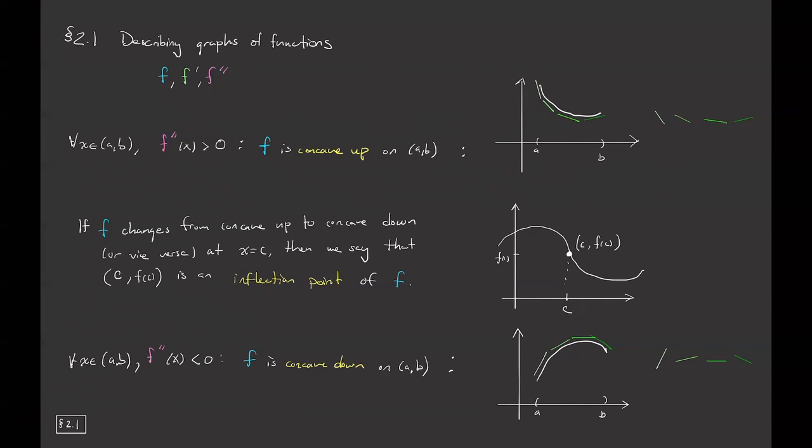On the bottom, flipping a lot of this again, if f double prime is less than 0, if it's negative, then we say that f is concave down. Now run the exact argument we just looked at up here. You don't have to start with a positive slope. That's not necessary.